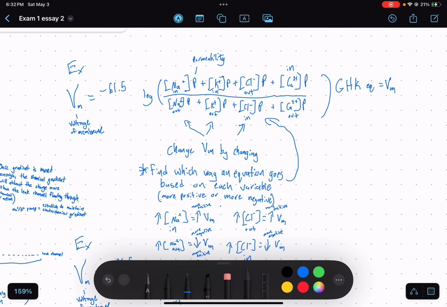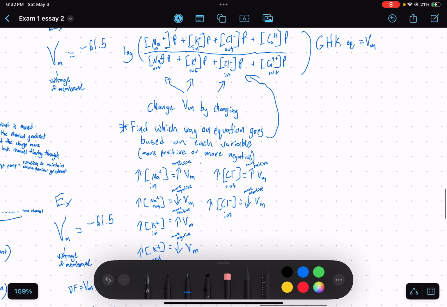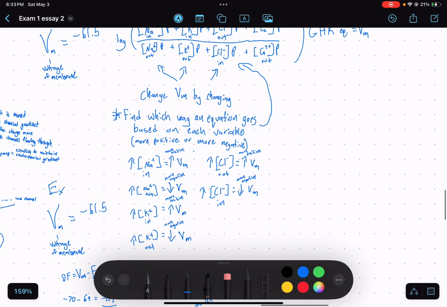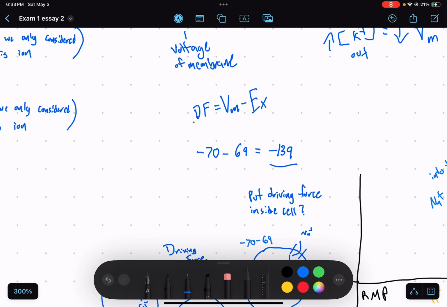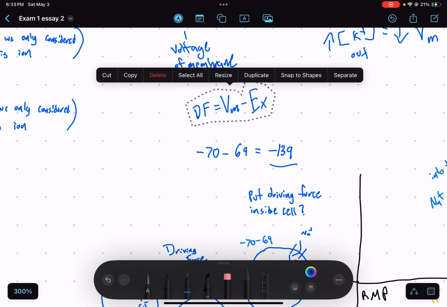And as we do that, we can then find out the driving force of each ion. So the driving force of each ion is this equation here. Your driving force is going to equal the voltage of the membrane minus the millivolts of the ion.